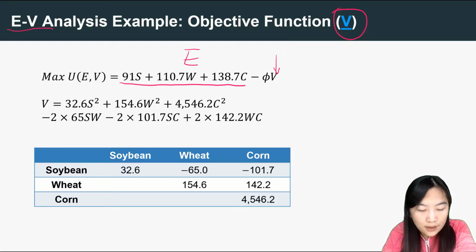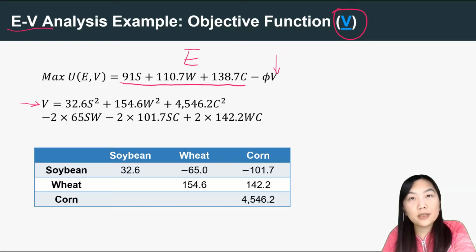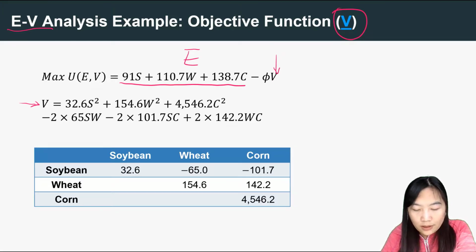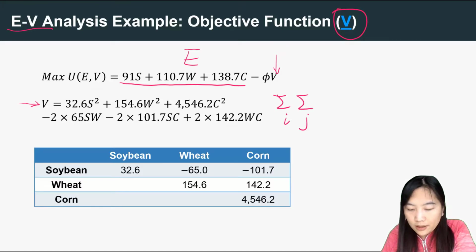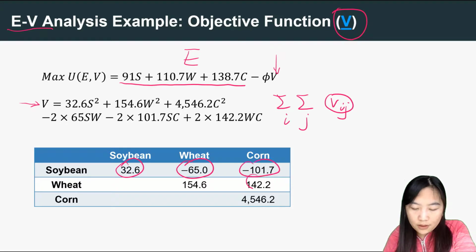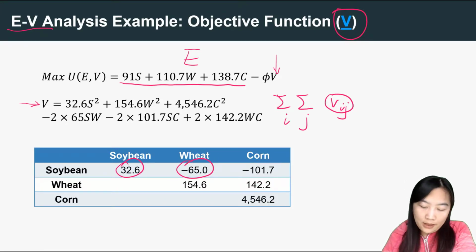So this V, pay attention here, has two components. If you remember, it's the I and J of that V, the Vij term. So that Vij term will be each of those terms here.